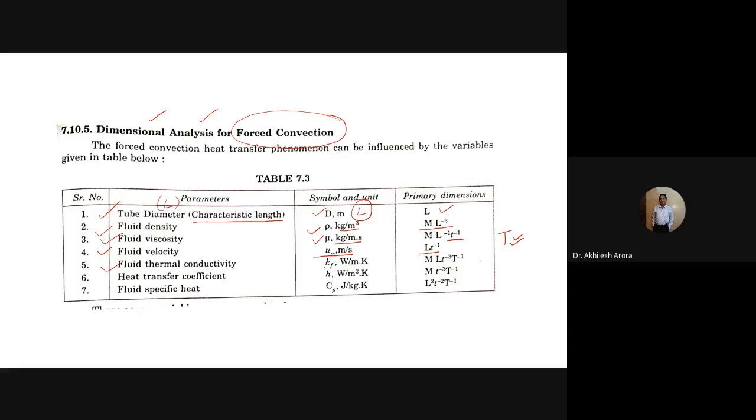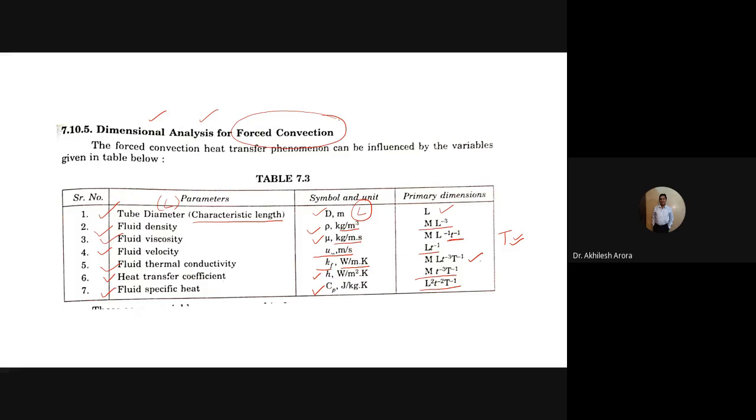Fluid thermal conductivity, that is Kf, units are watt per meter Kelvin, and if you find the primary dimensions, you will get these units. Heat transfer coefficient h and fluid specific heat Cp, and these are the dimensions. You can always try to calculate the dimensions. It's quite easy, and you have done it in the fluid mechanics course also.